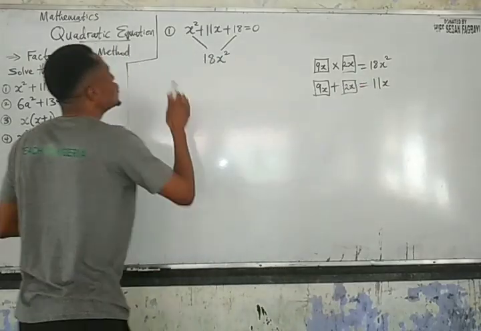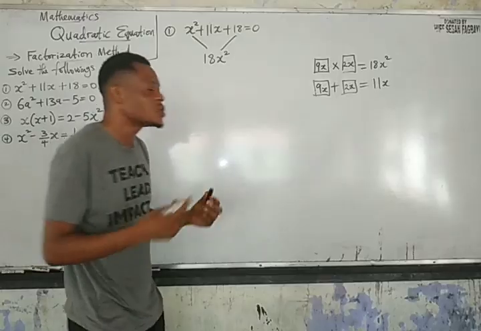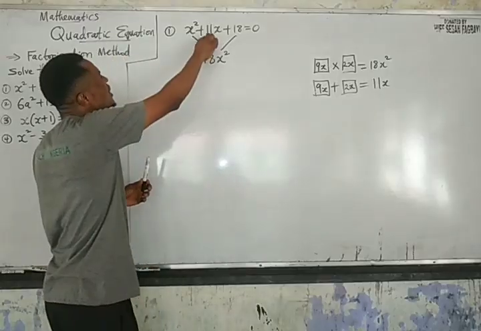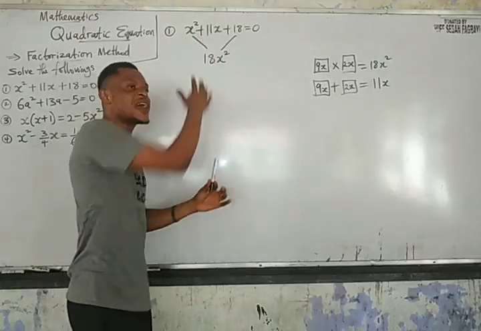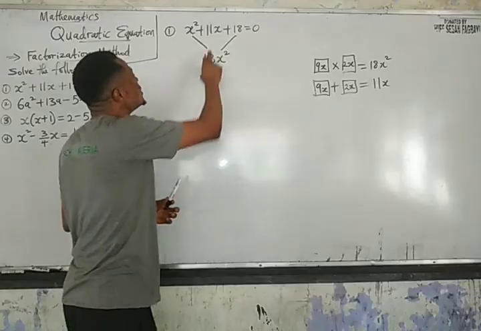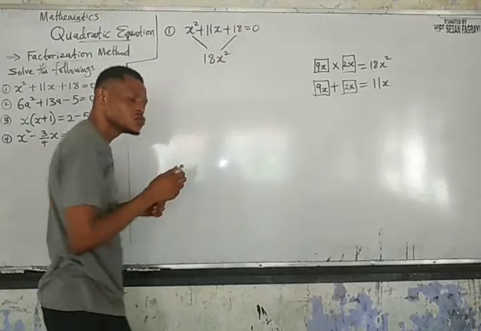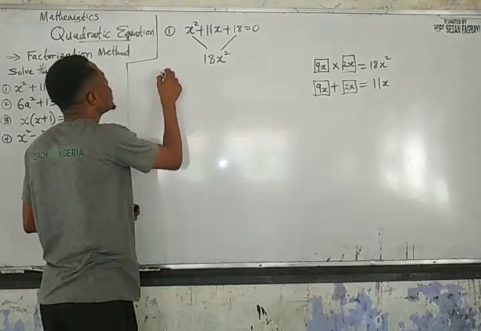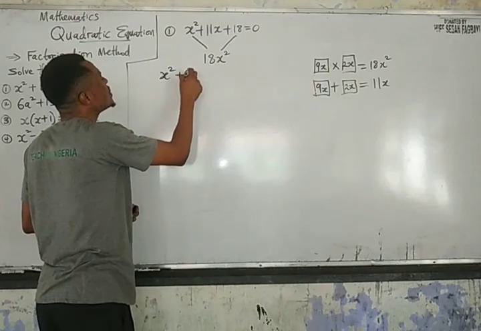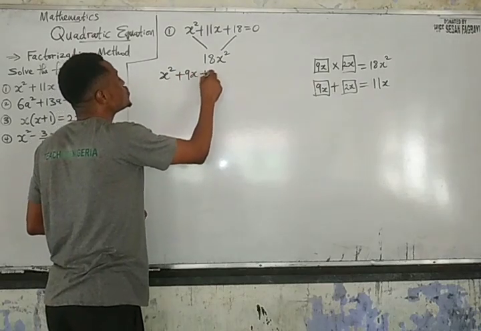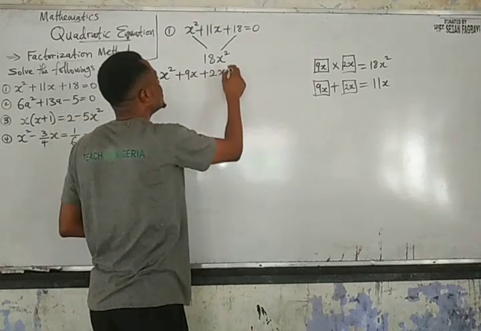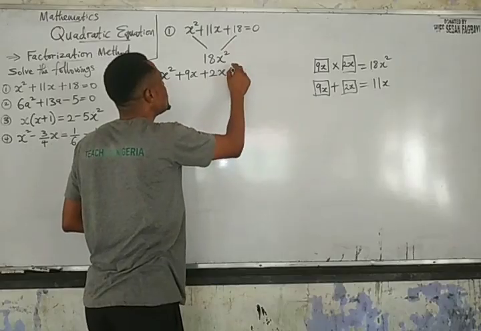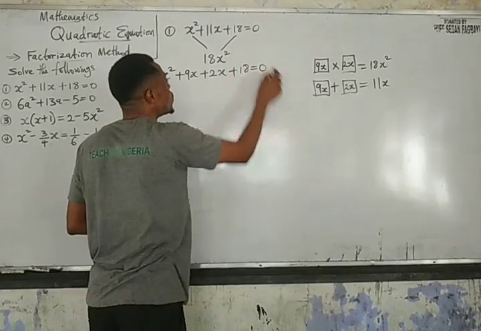That's our factor. Now, what do we do with the two factors? We are going to place it in between here. Instead of writing the 11, we are going to use the 9x plus 2x. x squared plus 9x plus 2x, then our 18 here, plus 18 equal to 0.